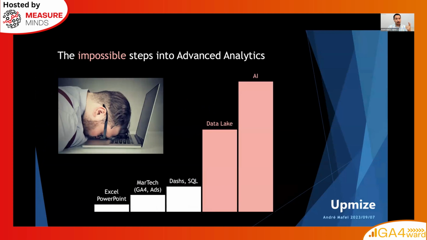We tried this, we tried that, and this is like a stair, some stairs. So steps on the stairs, and okay, they've learned to use Excel, PowerPoint. They have learned to use GA4, Google Ads, Facebook Business Manager, all these tools. This step is a great step, but after that, how can we go further? How can we be more like big tech companies?